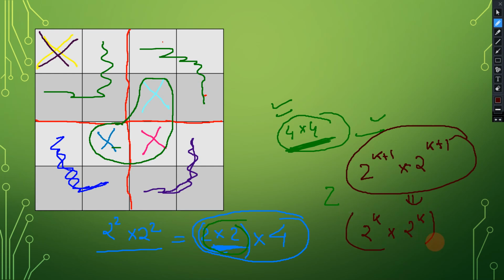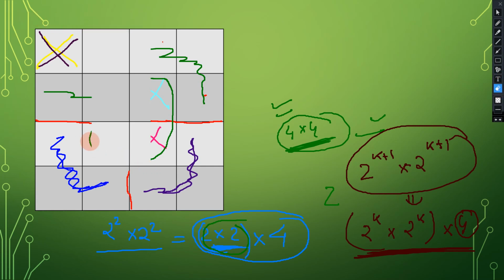And how many problems of this kind? 4 problems of this kind, because k+1 means 2^k into 2 and 2^k into 2. So these two and this 2 becomes 4 times the smaller problem of size 2^k cross 2^k. Okay, hope this makes sense to you. It's clear to you. So I will just erase everything from here.